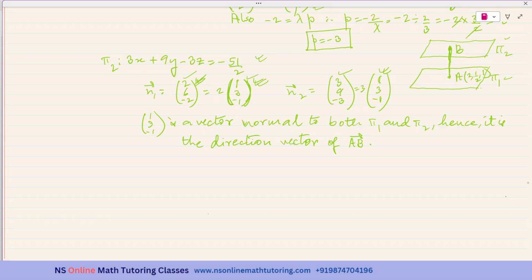So therefore, and I know the coordinates of this point A, so I can get the vector equation of the line AB. Therefore, the vector equation of line AB is r equal to (2, half, 1). This is the position vector of the point A. And I can take, say, t, and it will be, I'm taking (1, 3, minus 1).